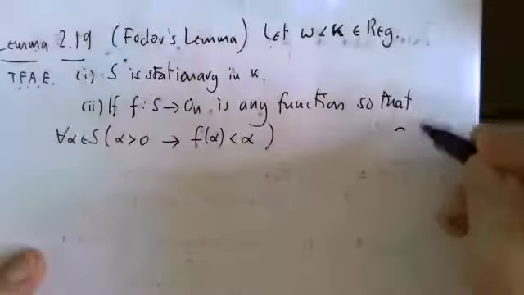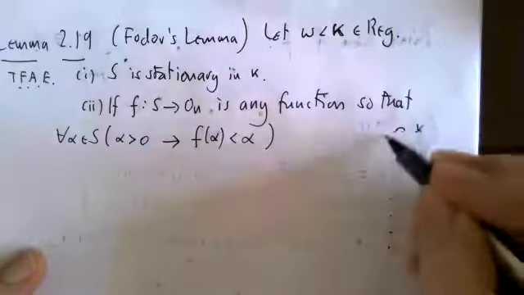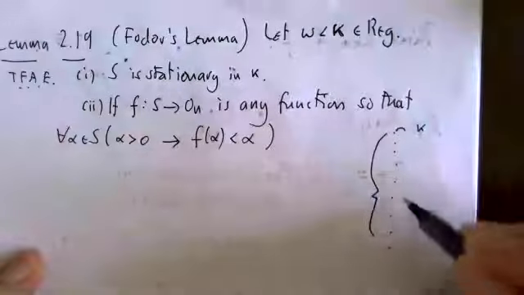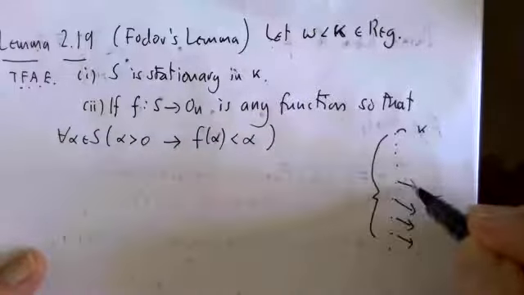So the picture is, here's kappa, here's S. What f does is just push ordinals downwards.